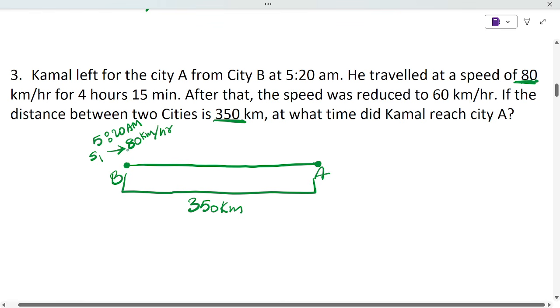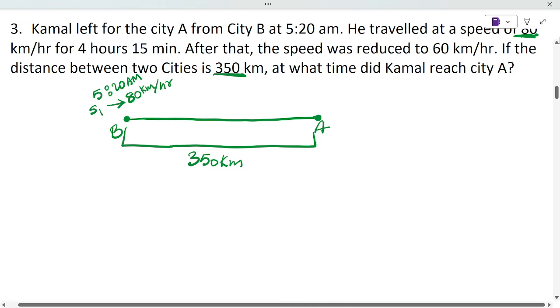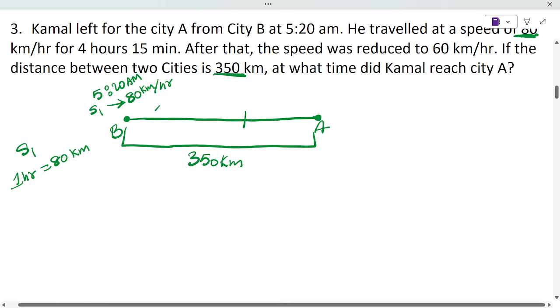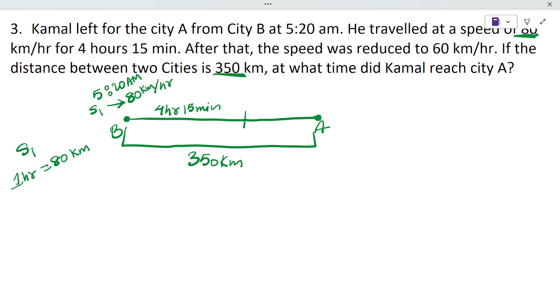Now for speed 1, it's given 80 km per hour. So 80 km per hour means 1 hour is 80 km. So for 4 hours and 15 minutes, let's take the hours first, 4 hours first.